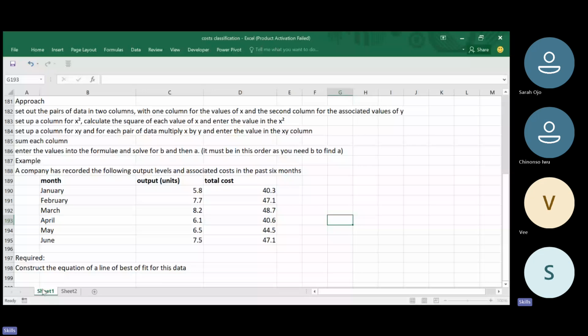This is for X. And this one, let me even copy it here.